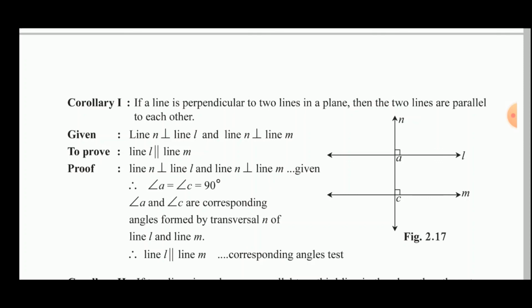Now, line N is perpendicular to line L and line N is perpendicular to line M. Therefore, angle A equals angle C equals 90 degrees.